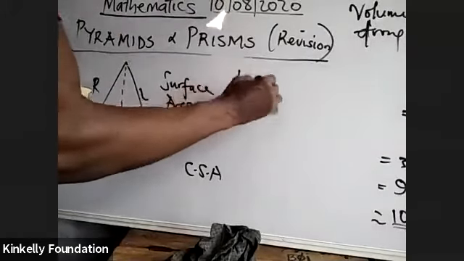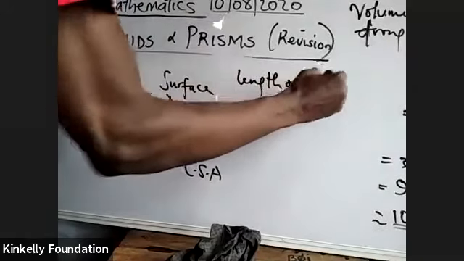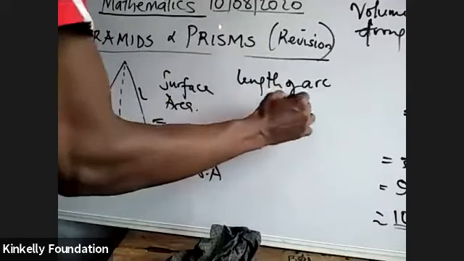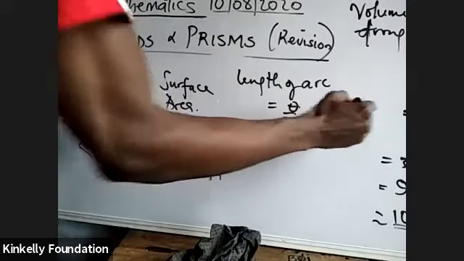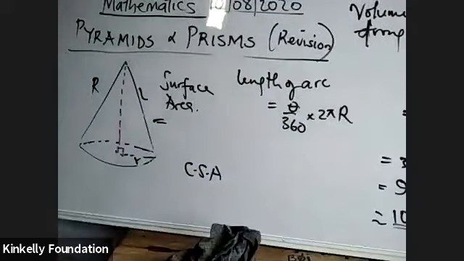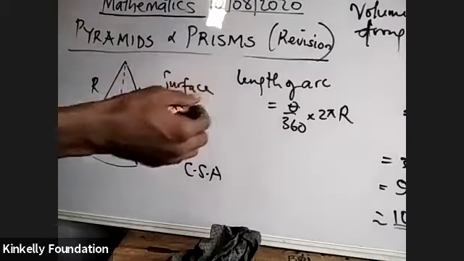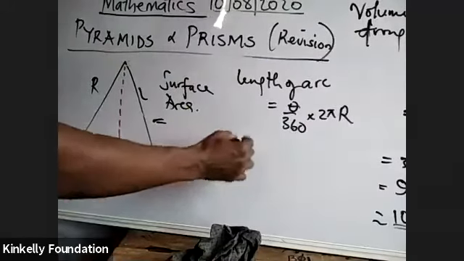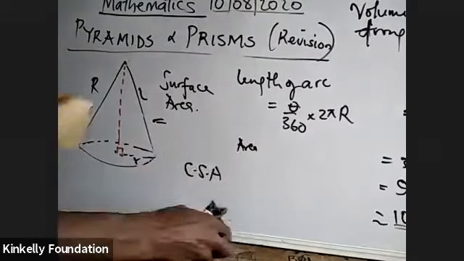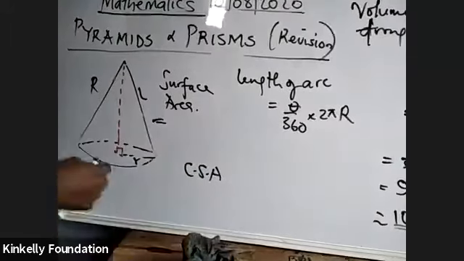Now, we also know that the length of arc is equal to theta over 360 times 2 pi r. Let's continue.